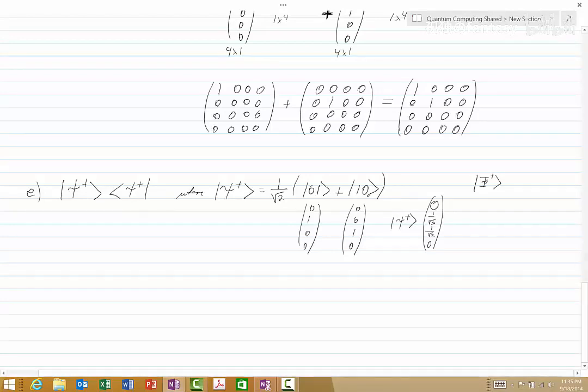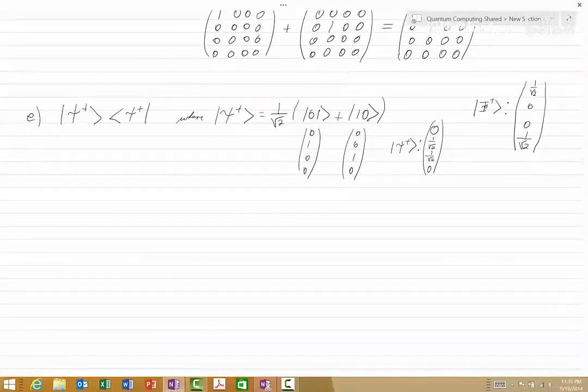So you would have obtained 1 over square root of 2, 0, 0, 1 over square root of 2. If you use the original value that the book had for C+, this is the column vector that you should have had.